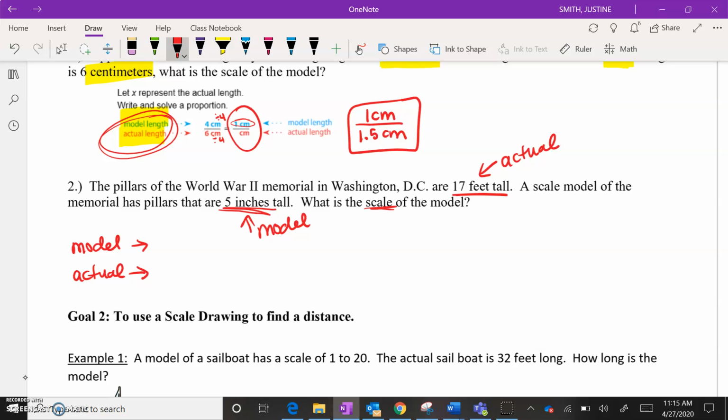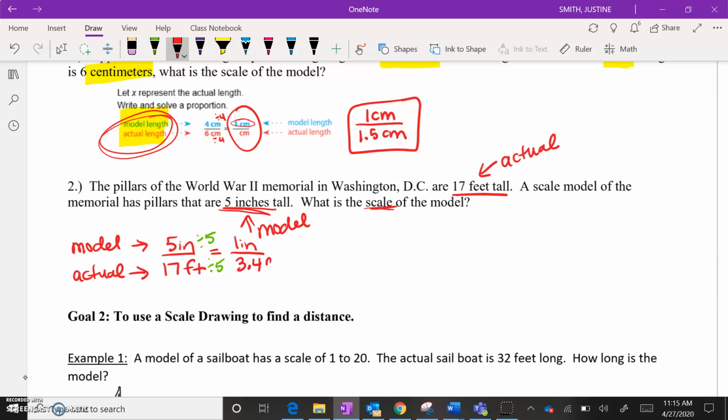So here we have 5 inches is the model, and the actual is 17 feet. Again, to find the scale, we always want this to be 1 inch to something. To get from 5 inches to 1 inch, we divided by 5, so we're going to do the same thing on the bottom. 17 divided by 5 is 3.4.